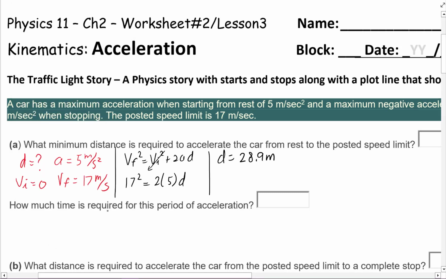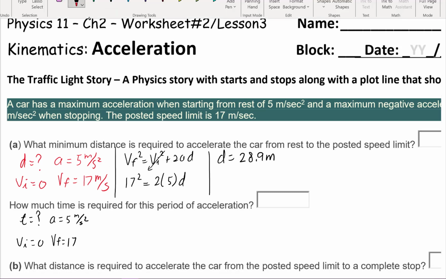Now, how much time is required to get to that speed? We still have the same givens, but this time we're trying to find the time. The acceleration is still 5 meters per second squared, the initial speed is still 0, and the final speed is 17.